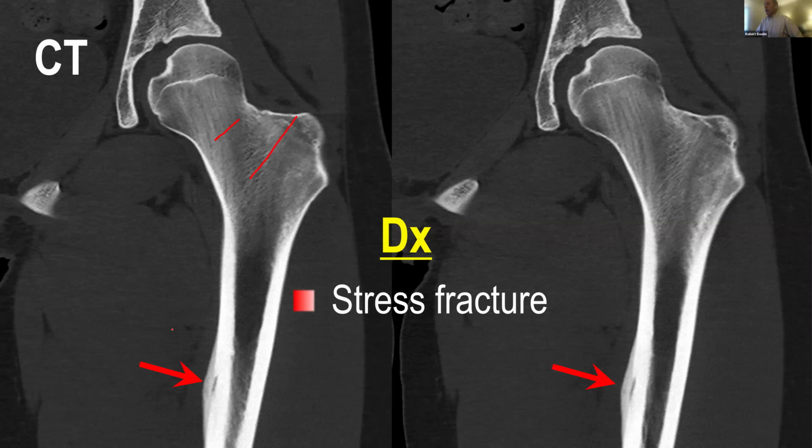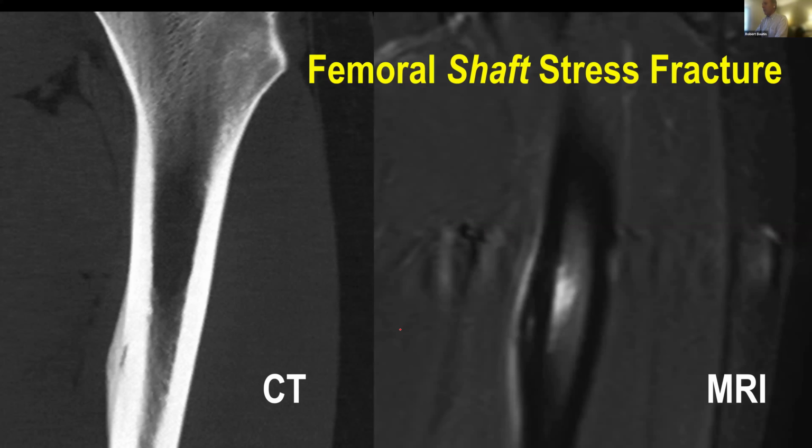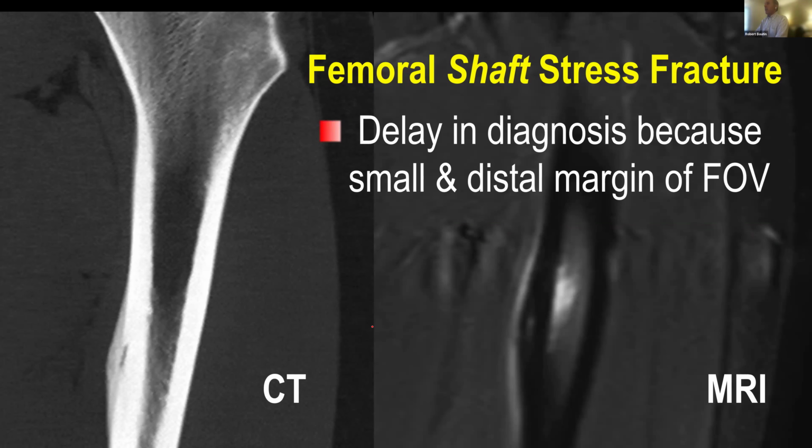They can occur a little bit lower, but in athletes, sometimes when we do a field of view that's coned down to the hip, we don't get the proximal femur, and these are missed initially by the radiologist because they're outside the field of view for a small field of view hip exam. So this femoral shaft stress fracture, and just be aware that these can occur in the cortex. Look for the periosteal reaction and the bone edema and periosteal edema.